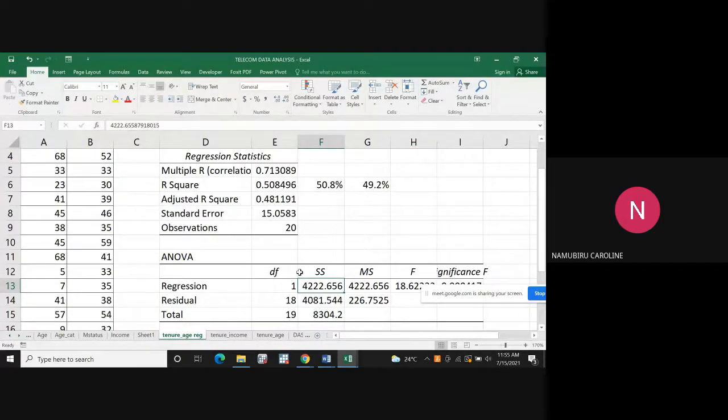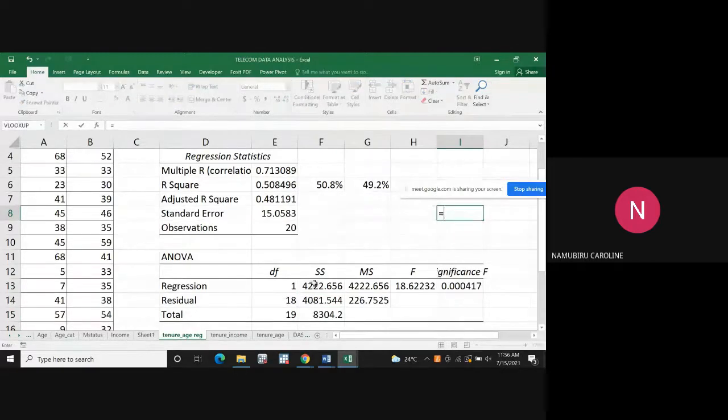You're going to realize that to get the R squared value there, we get the sums of squares for the regression divided by the total. For example, when I get this divided by the sum of squares, I'm going to get that R squared.